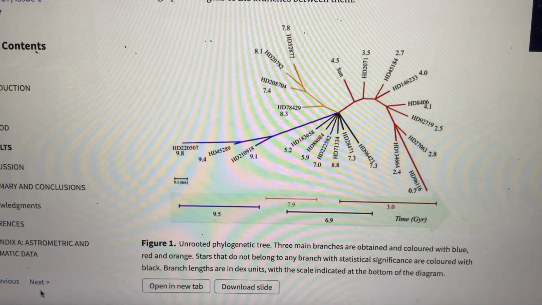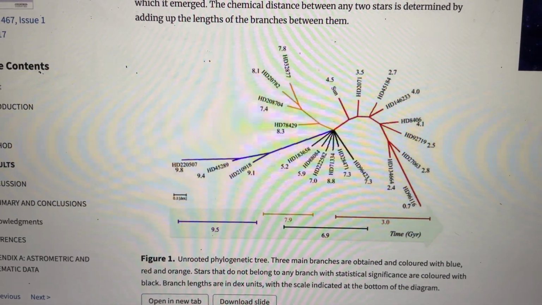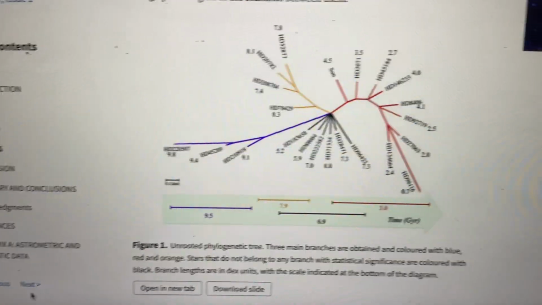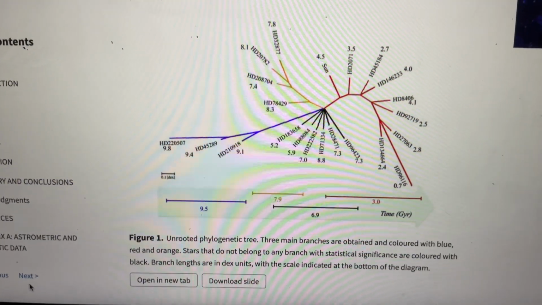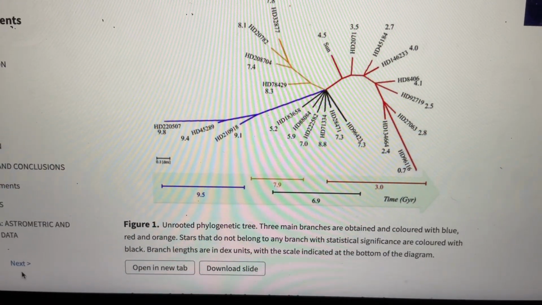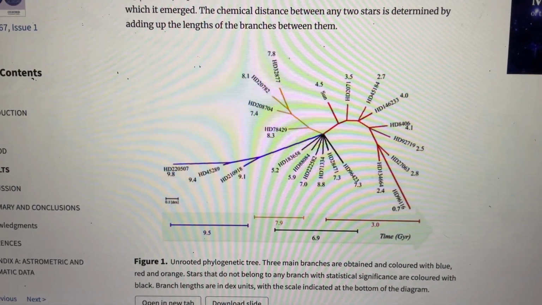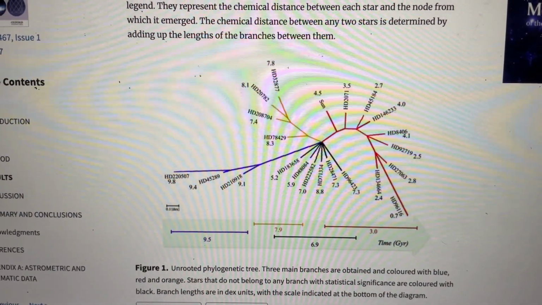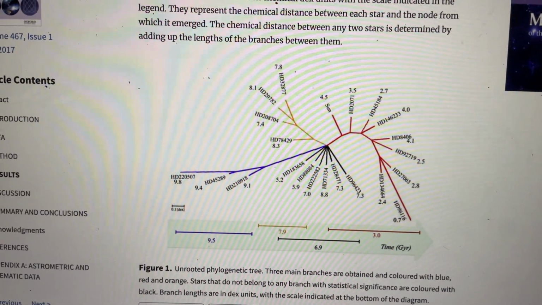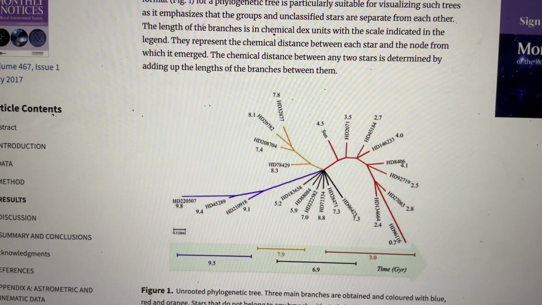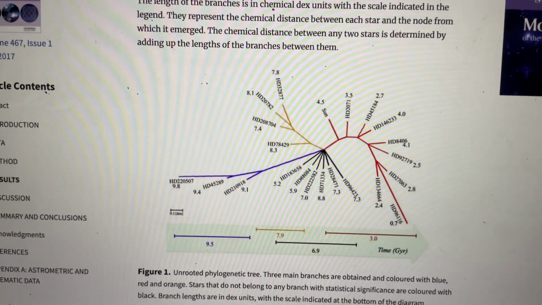We can see that the longer branches show greater chemical divergence from their common ancestors, meaning the stars, and with that, we can see the clustering by origin of the trees that group the stars together with similar chemical compositions, which I had explained before.